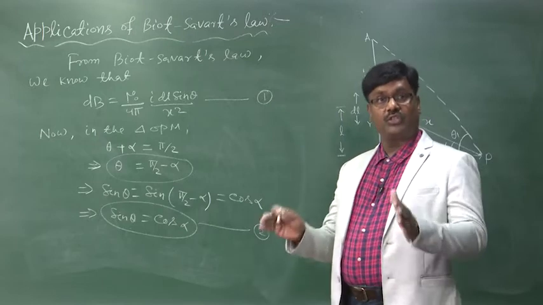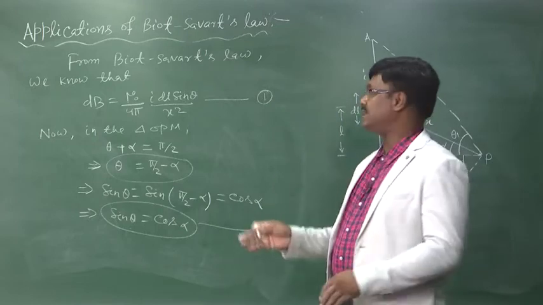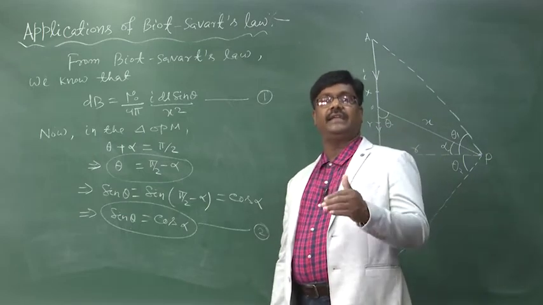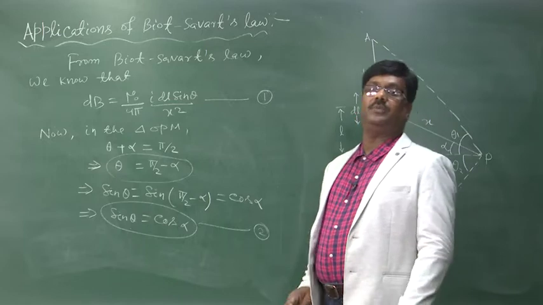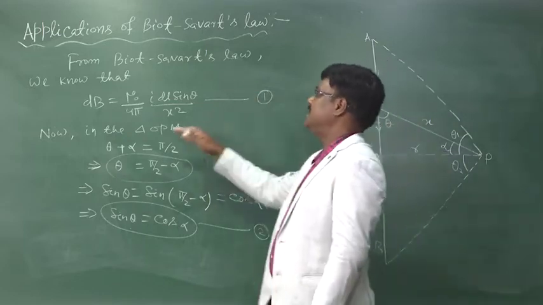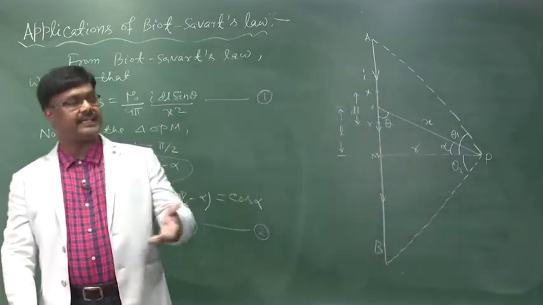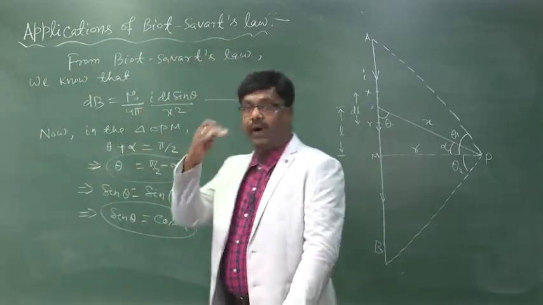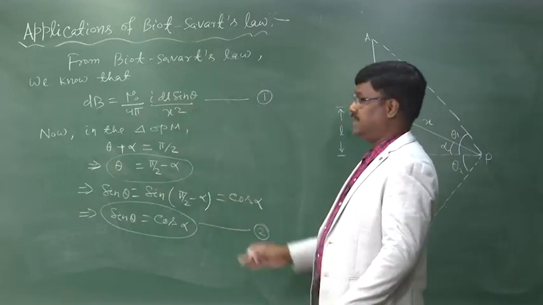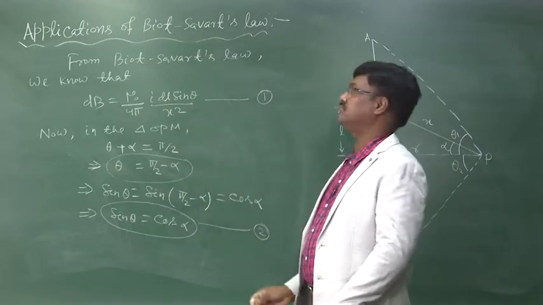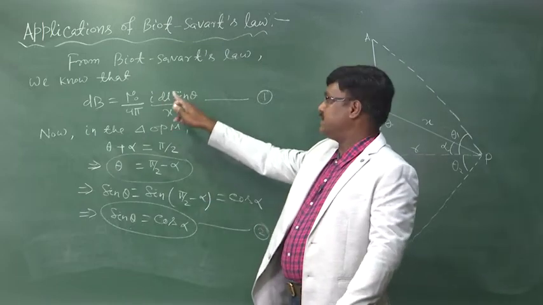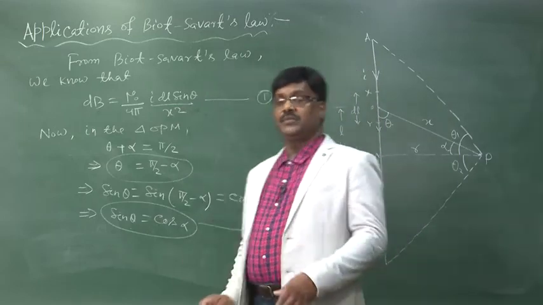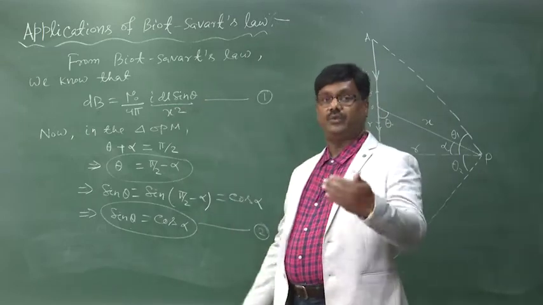Now, the total magnetic field strength at the point of observation is obtained by integrating this equation within the proper limits. And if we want to integrate this equation, here are three variables: one is dl, second is theta, and the third is x.